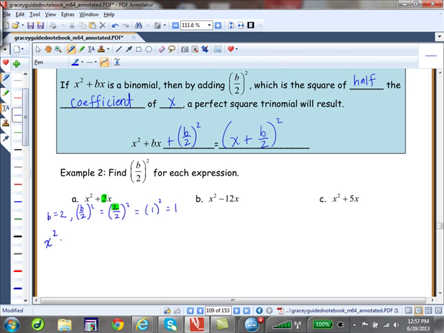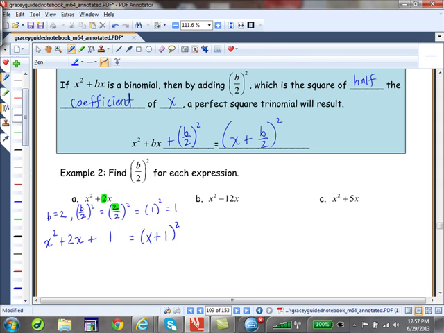So this is what we do with it. x squared plus 2 times x plus, you put what was being squared in there. Actually, you get this here, plus 1 is equal to this binomial being squared.